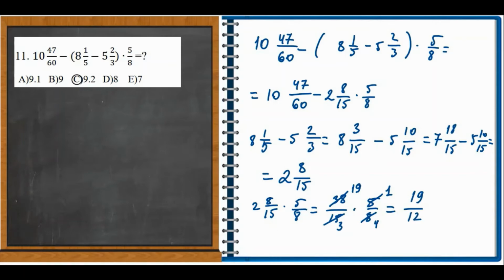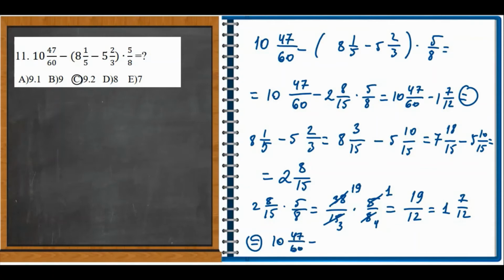Let's write the answer here. 10 whole 47 over 60 minus. It's better to show 19 over 12 as a mixed number. It will be 1 whole 7 over 12. Now subtract 1 whole 7 over 12. As we see, again, we need to write the common denominator for these fractions. It's going to be 60. 47 over 60 minus 1 whole.